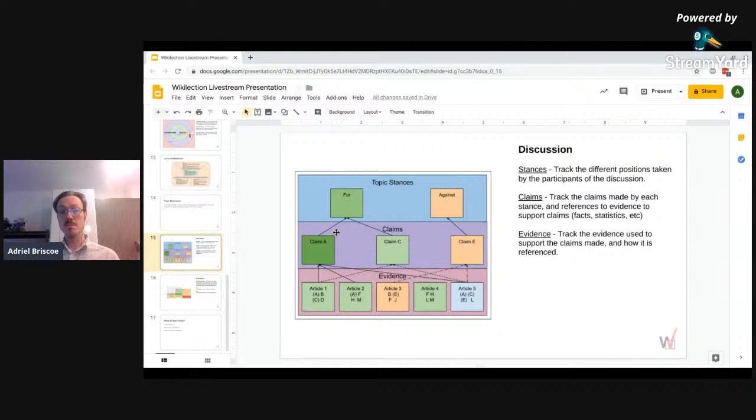It's probably going to be more complex. You will see some claims shared between them, right? So if it was for and against and somewhere in the middle, you might have them pulling from the claims and the evidence that are shared between those.